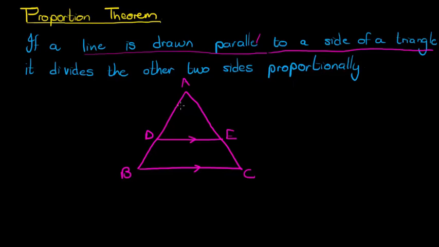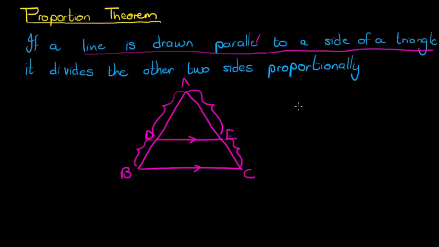Okay. What that means is that the 2 sides remaining, AB and AC, are now divided into AD and DB and into AE and EC. What we mean by proportionally is that they are in proportion.